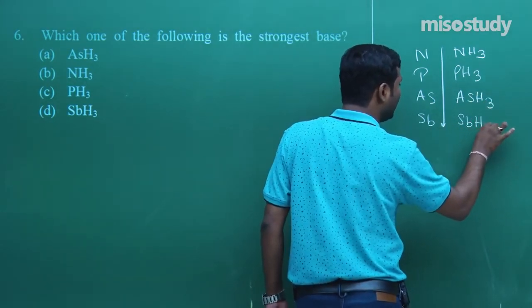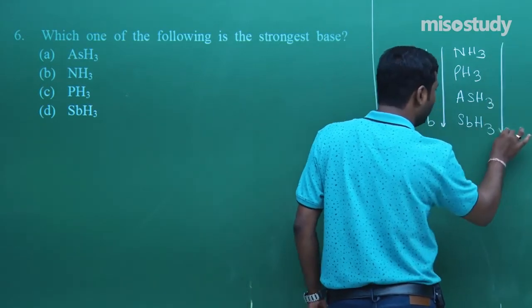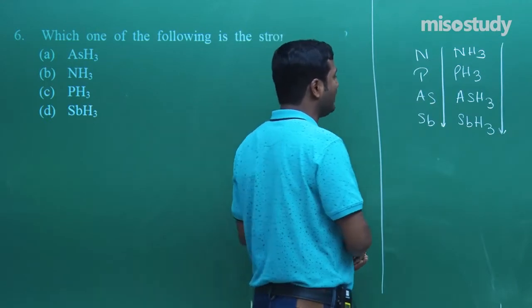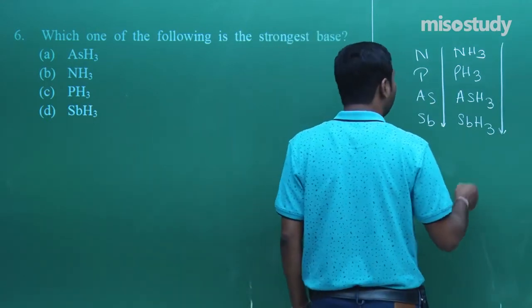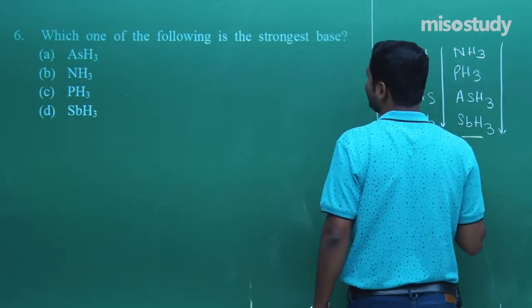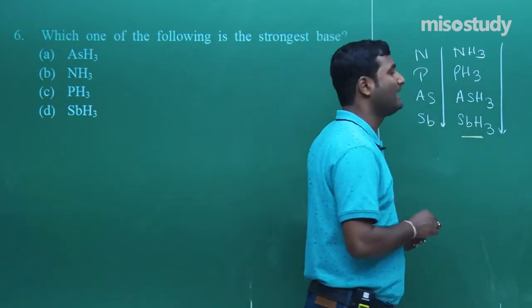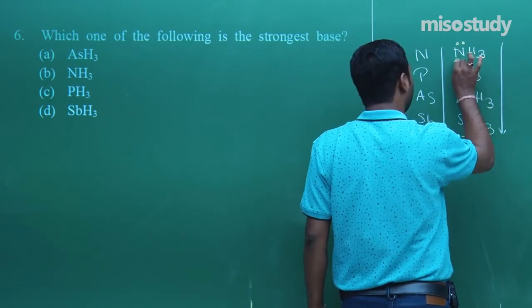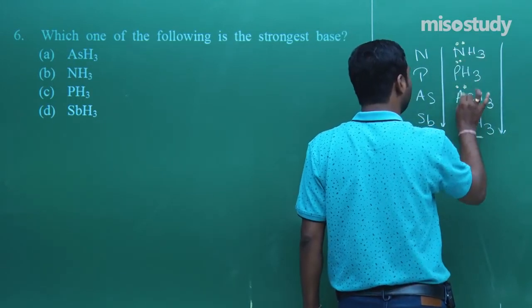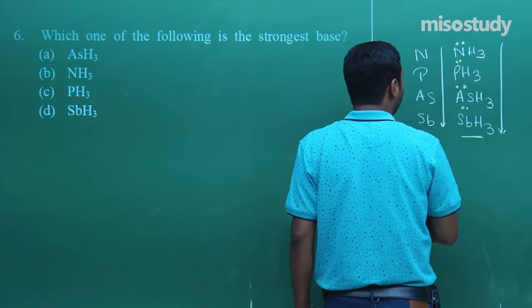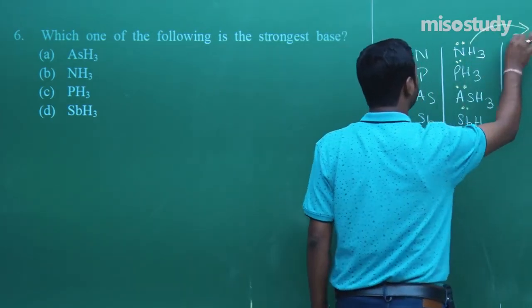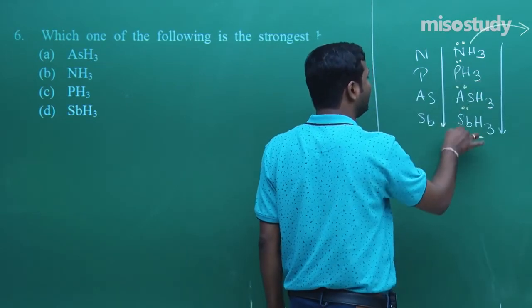This is the general theory. What I'm telling is, as we move down the group, the basic nature of the hydride decreases and the acidic nature of the hydride increases. And here, if I talk about NH3, PH3, AsH3 and SbH3, NH3 is a strong base in comparison to all of these.